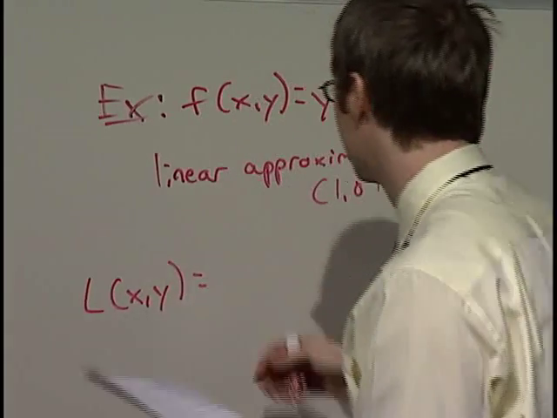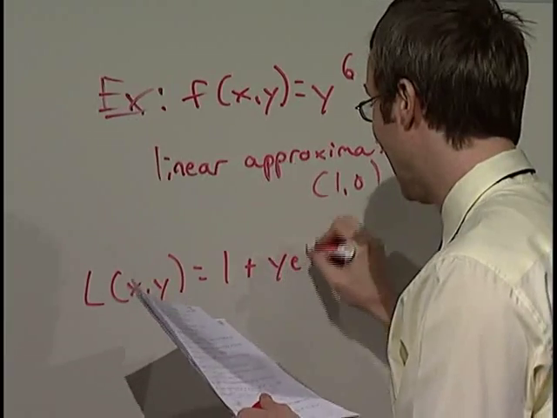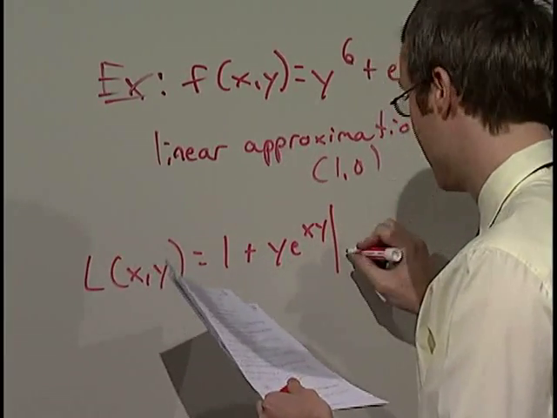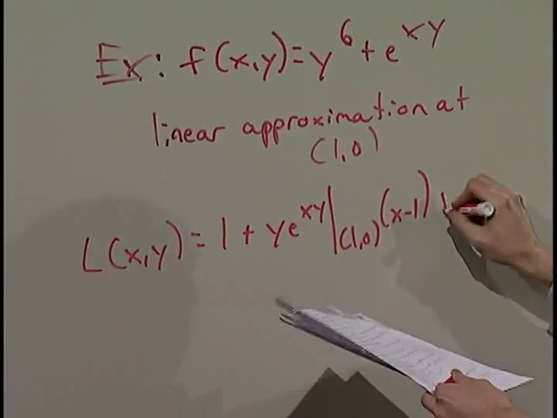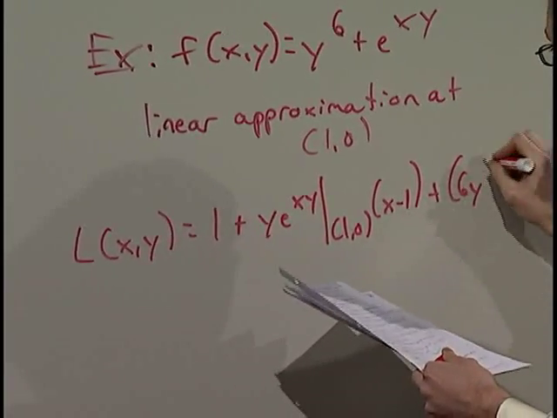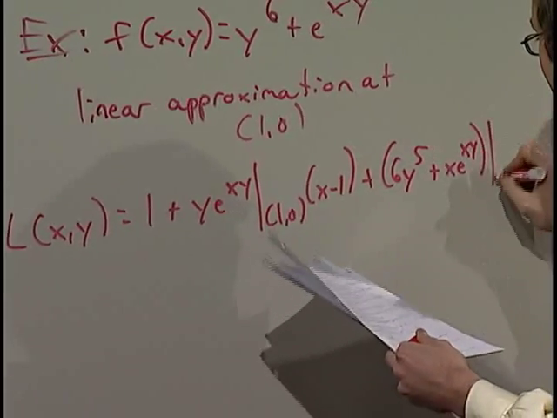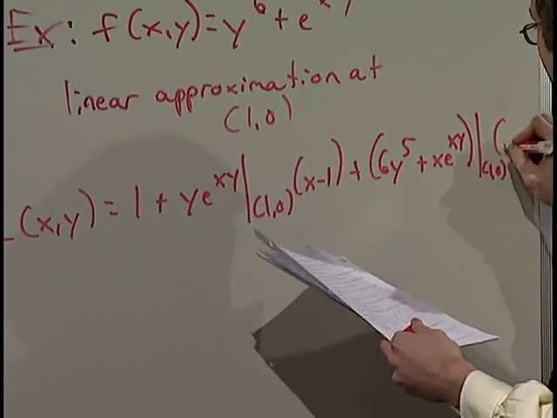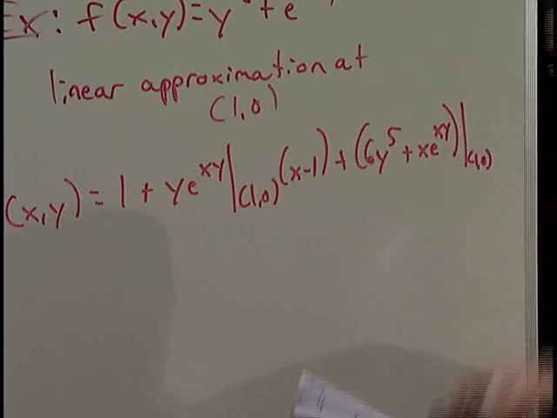L of x, y ended up being 1 plus y e to the xy evaluated at (1, 0) times x minus 1 plus 6y to the fifth plus x e to the xy evaluated at (1, 0) times y. So that was a linear approximation.